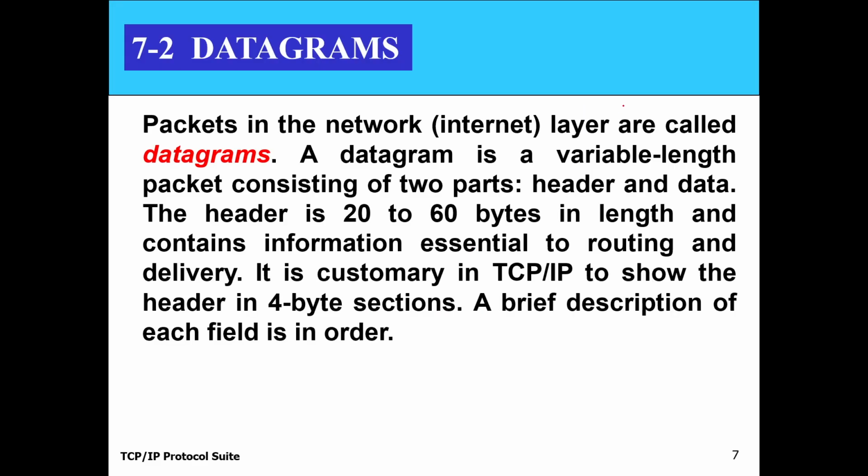Packets in the network internet layer are also called datagrams. We call them packets, or we could call them datagrams. These datagrams are variable length, that means they are not fixed. Remember last time also we made a differentiation between something called a frame. What is the other word? Remember?